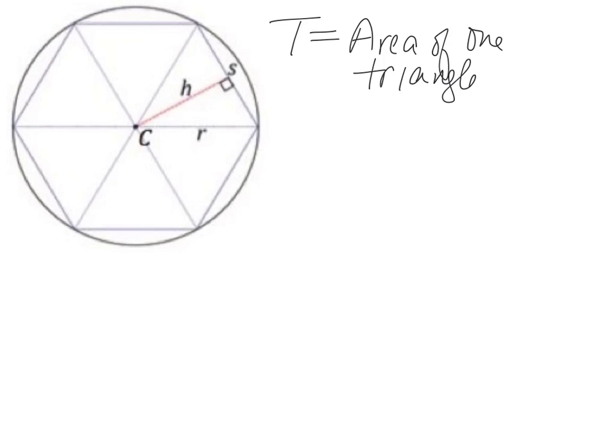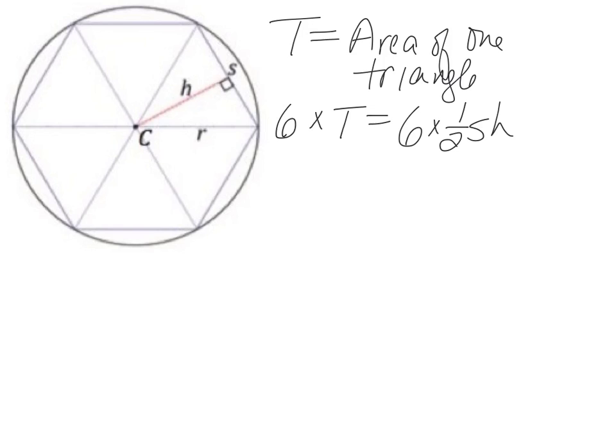Okay, so we know that 6 times T equals 6, this is what we did, 1/2 SH. So 6 times the area equals 6 times 1/2 SH.